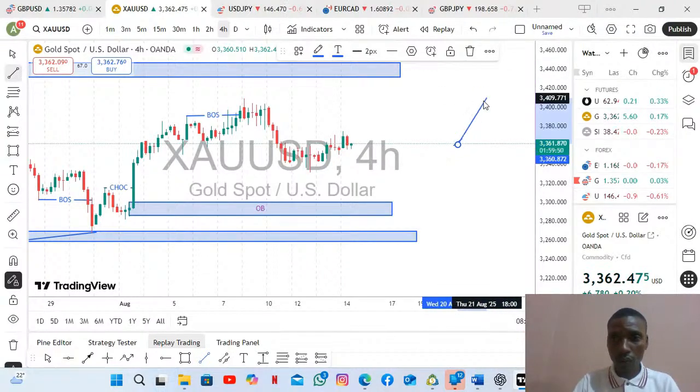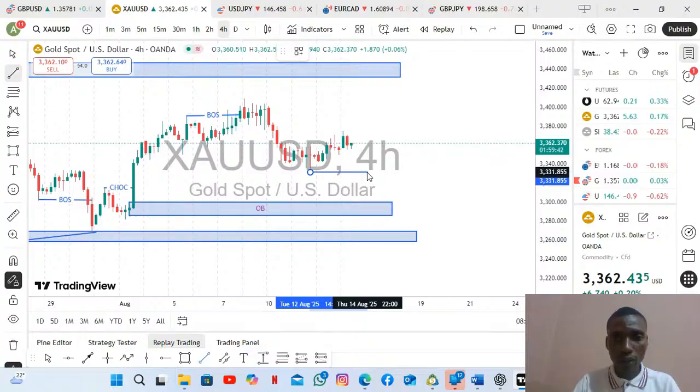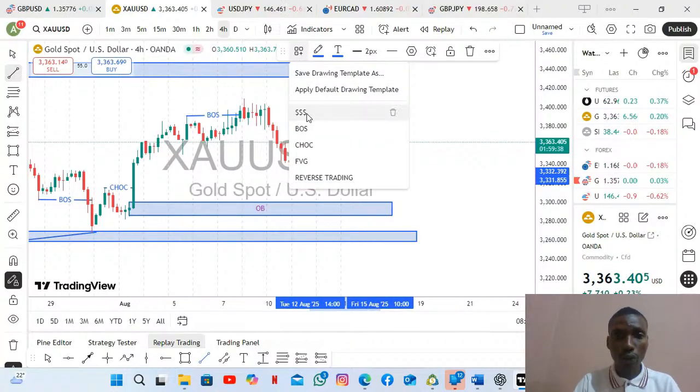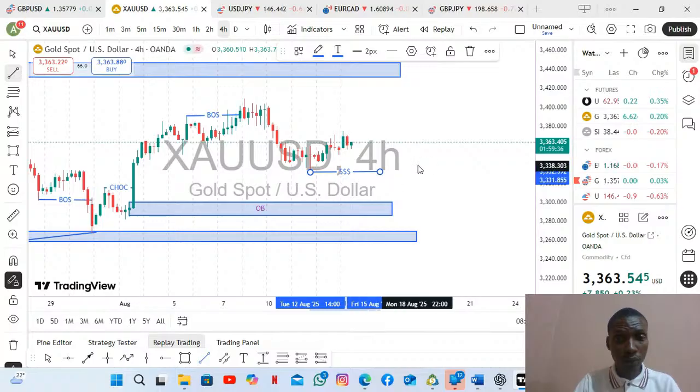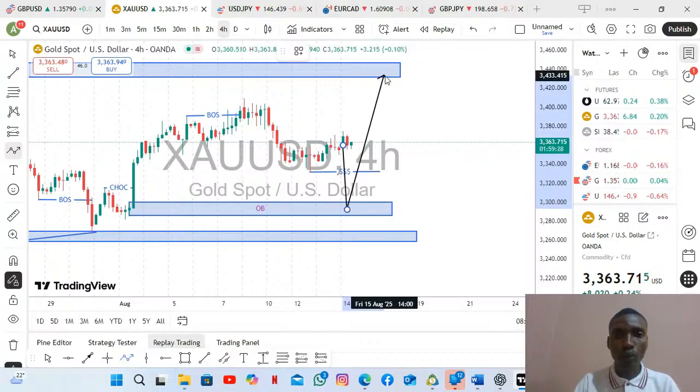All right. Look at this liquidity here, this inducement. We expect gold to come and take this out in the 4 hour time frame. If it takes it out, then what you anticipate is for gold to come here, tap into the order block and move up.